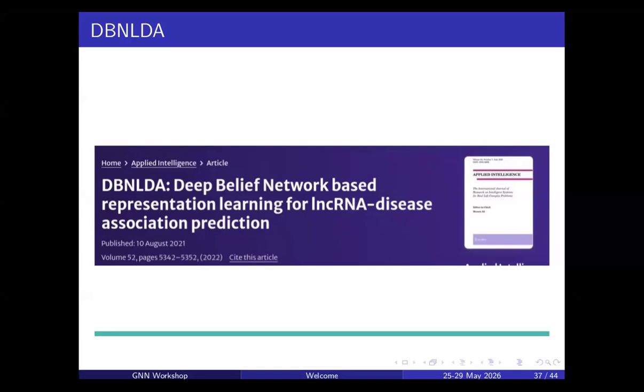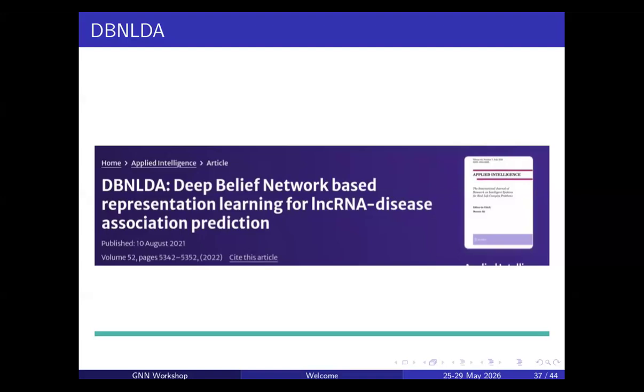Before moving to what it is, you must know what LNC RNA means. LNC RNA, long non-coding RNA, is a kind of non-coding RNA. There are coding RNAs and non-coding RNAs. Like we have DNA, RNA, protein: DNA is transcribed into RNAs, and some part of the RNA may be translated into protein.